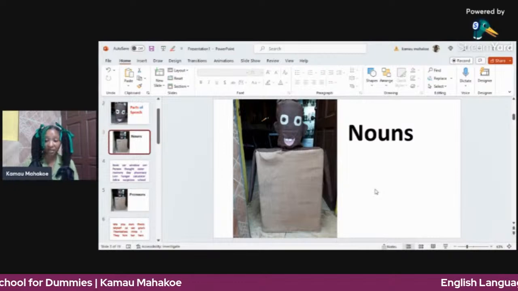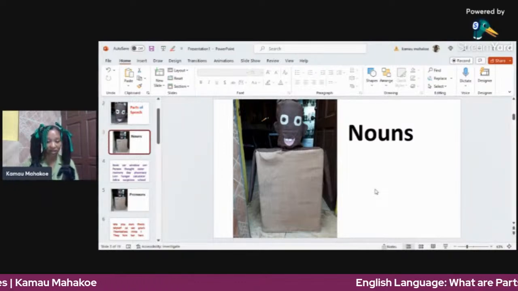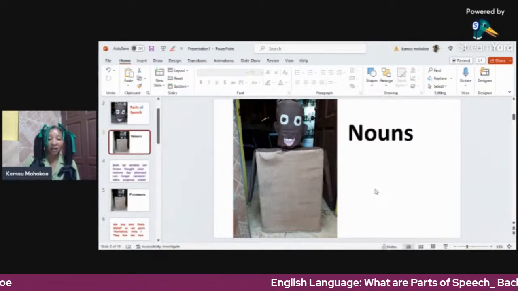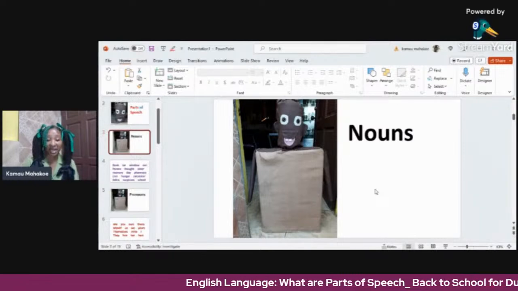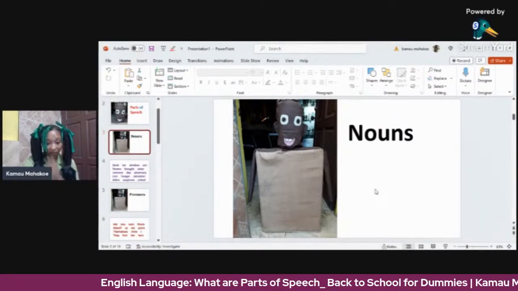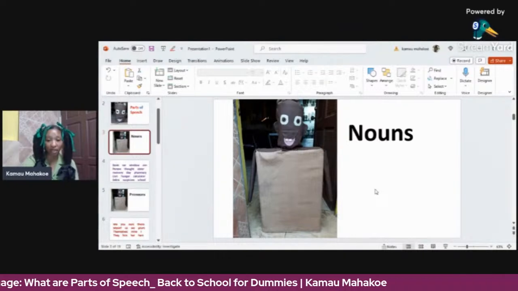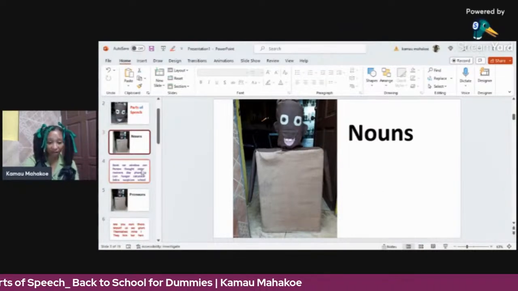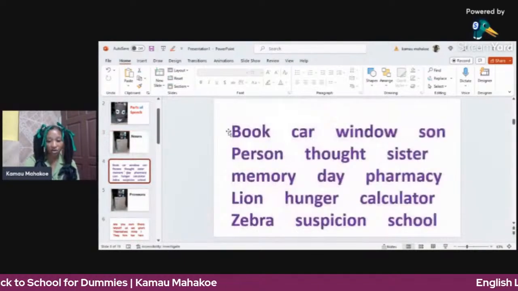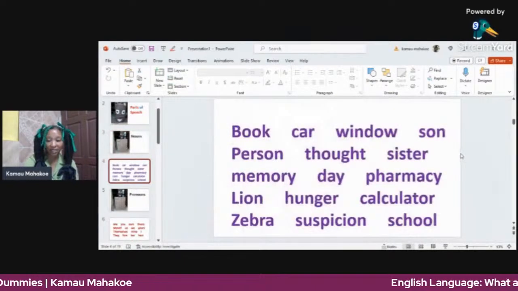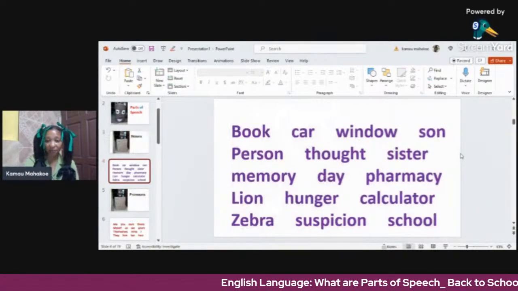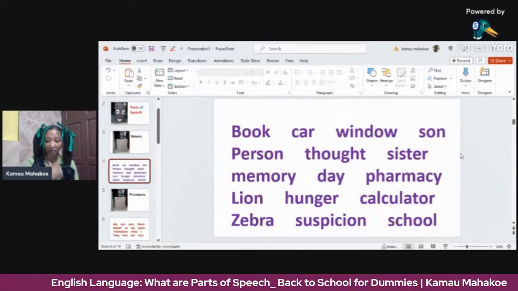Nouns are persons, places, animals, or things. There are many different categories of nouns, actually, right? And we are going to be looking at them when we're covering the noun in its own video. For now, we're going to stick with that elementary school definition: person, place, animal, or thing.